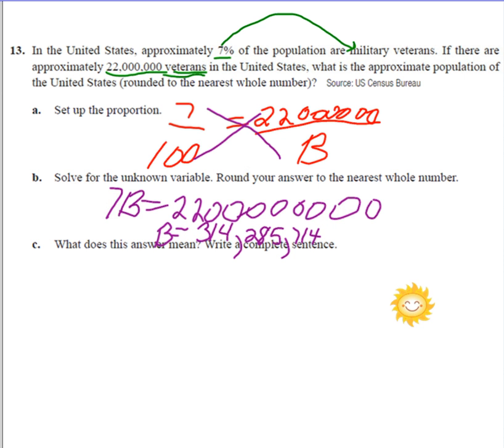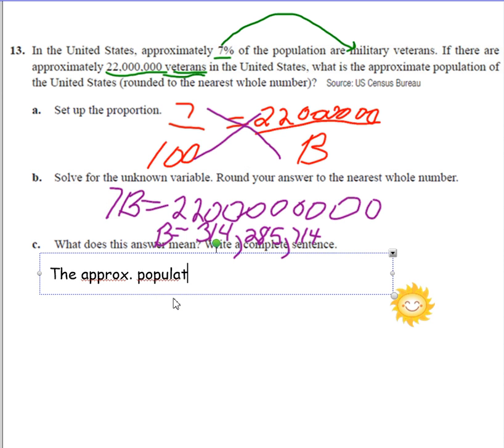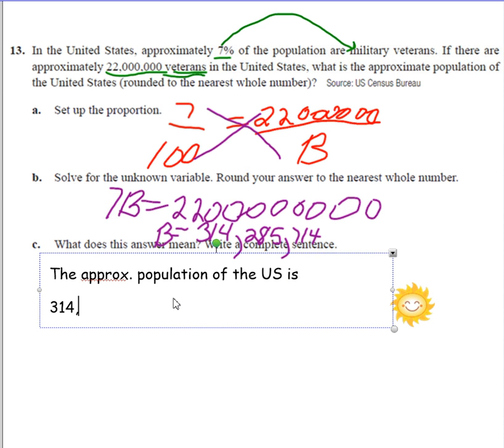So again, that number by itself really has no meaning to us until we put it in the context of the story problem. So that number tells us that the approximate population of the U.S. is 314,285,714 people.